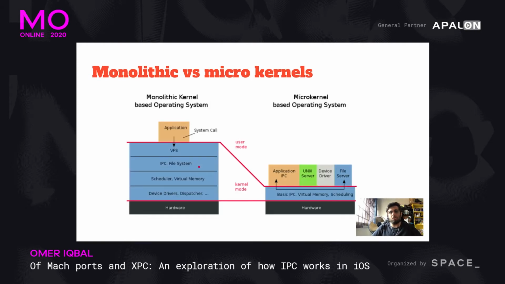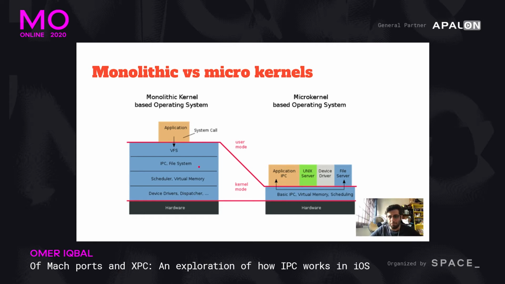So before we jump into IPC proper, we need to take a little OS class just to contextualize things a bit better. If you want to compare IPC on macOS and iOS, etc., with other operating systems, it's a good idea to understand the differences between a monolithic versus a microkernel design.